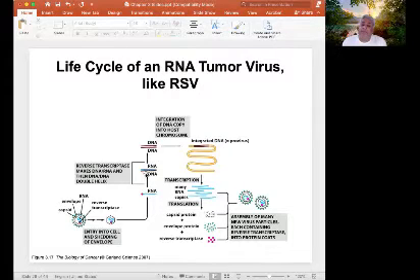Not only that, the same enzyme can continue on to remove the RNA by hydrolysis, and at the same time, make the complementary strand of DNA. So reverse transcriptase is able to do its magic and produce a double-stranded DNA molecule.